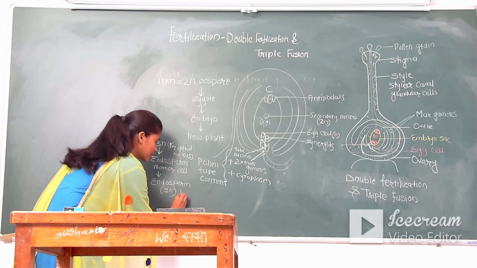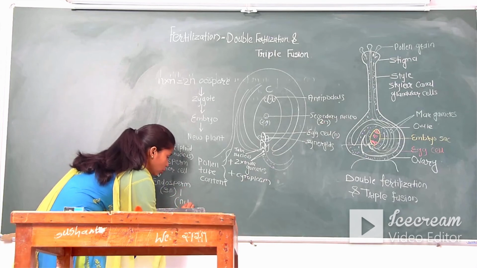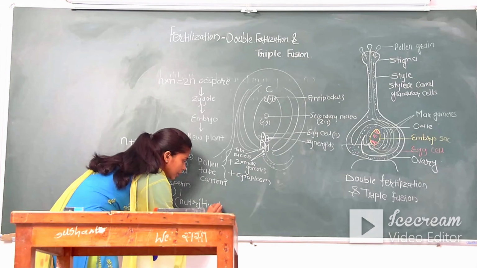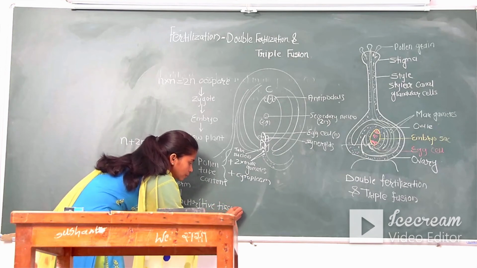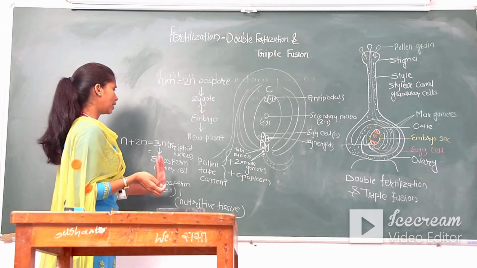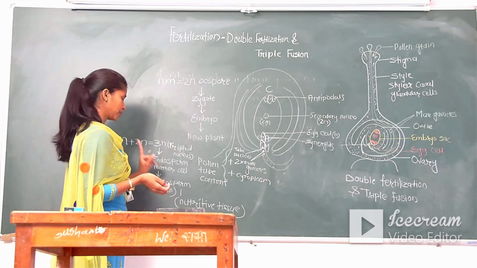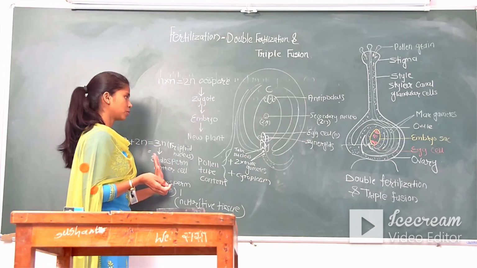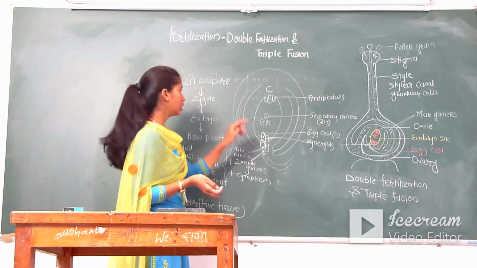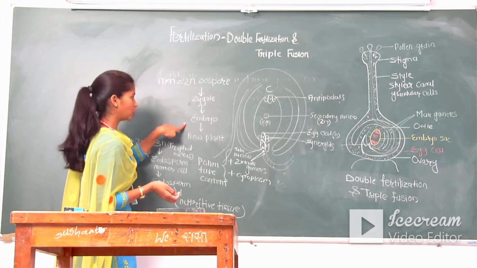This endosperm is nothing but a nutritive tissue. So this is the advantage of double fertilization, that it forms endosperm, because this endosperm is nutritive in function and provides nutrition to the developing embryo.